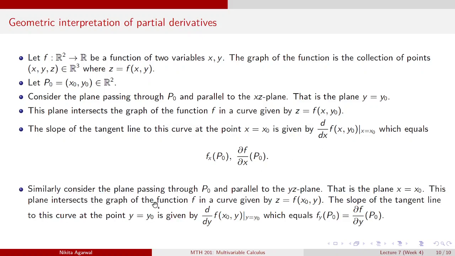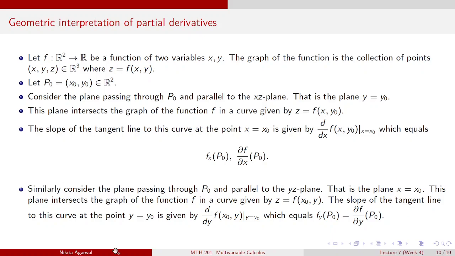Similarly, if we consider the plane passing through P naught and parallel to the yz plane, that is the plane x equal to x naught, this plane intersects the graph of the function in a curve which is given by f of x naught comma y. This is a function of y alone, where the x coordinate is fixed.